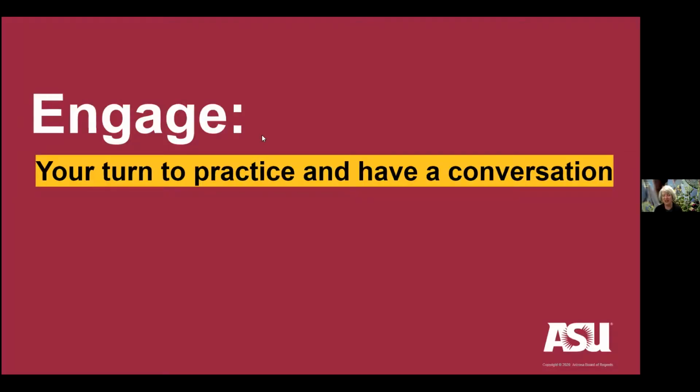And so now it's your turn. I'm going to show you some images, and I'm hoping that you'll chat in the discussion board or unmute yourself if you'd like to. I think Mickey and Kenna will help with that, and talk about the image that you see based on the rubrics.